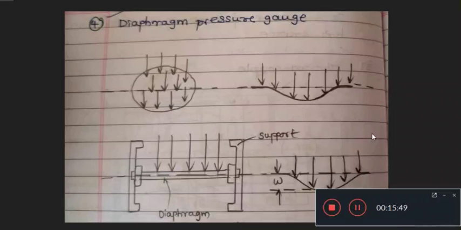Students, in this chapter we have already studied two types of measuring instruments, that is temperature measurement and pressure measurement. Now we shall go to the systems, also known as the control systems. The system is an element which has input and output.